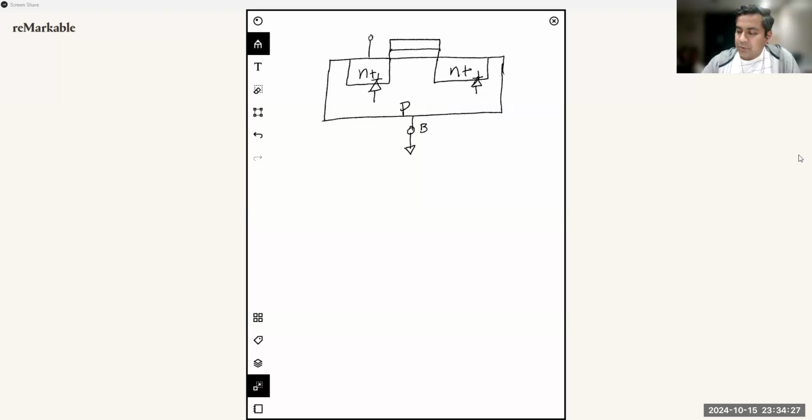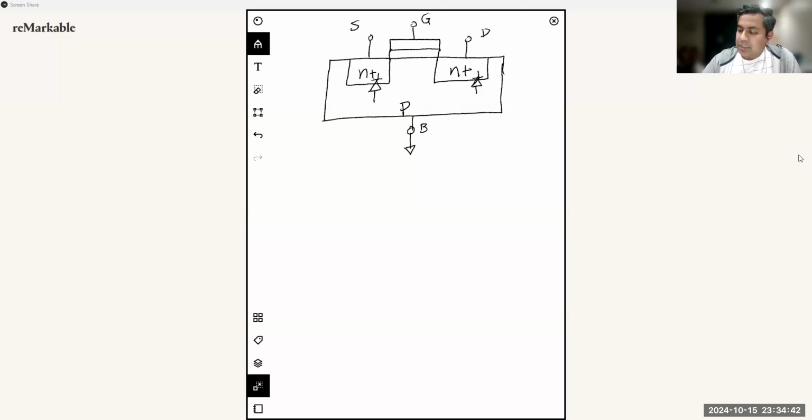So now you have your source over here and your drain over here. This is your insulation, the silicon dioxide gate oxide, and then you have the polysilicon gate on top.